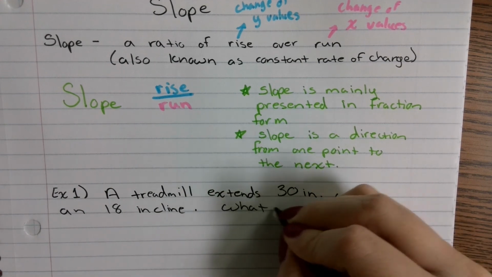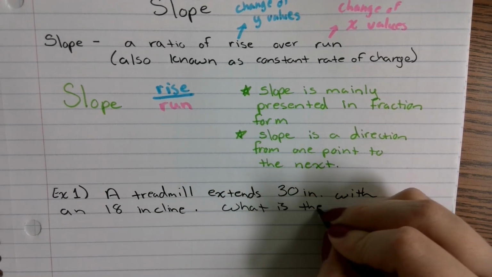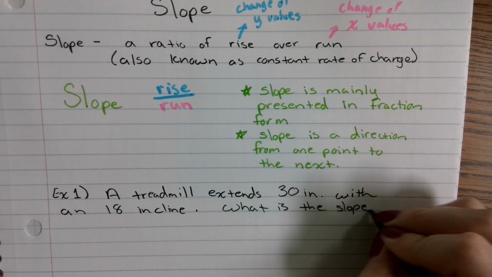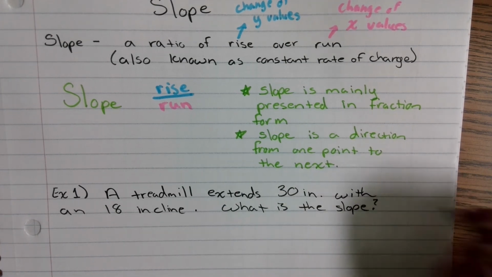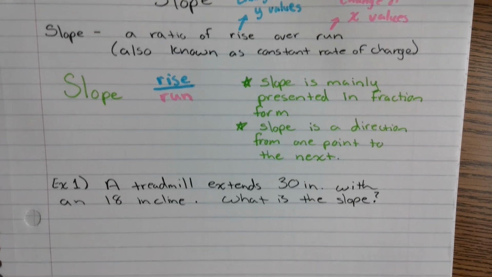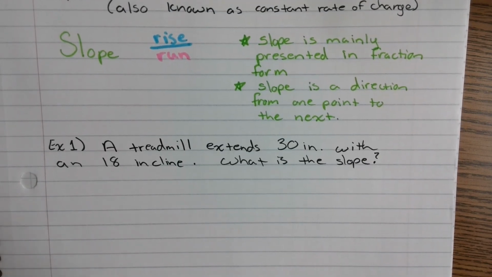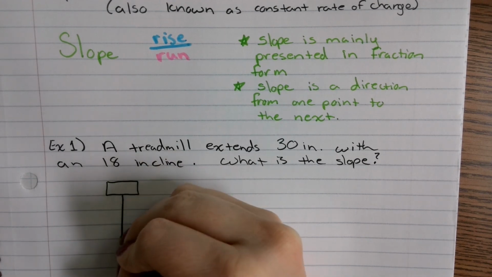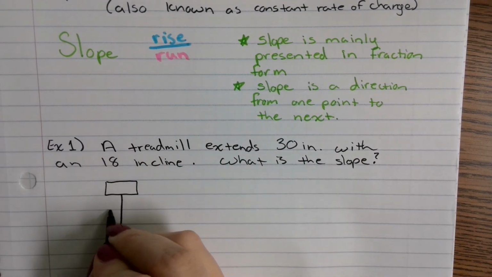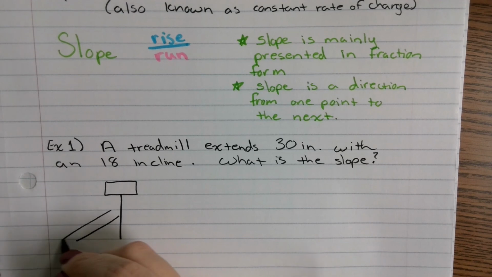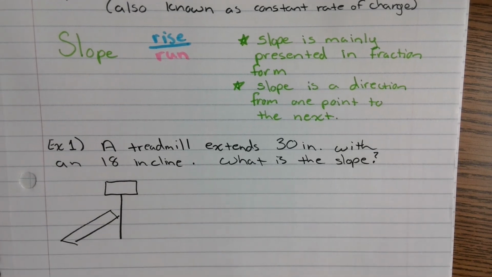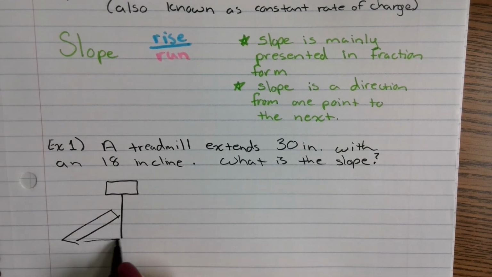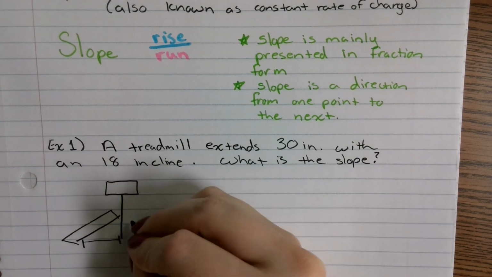So I want to know, what is the slope? In these situations, you just have to identify which one's the rise and which one's the run. I'm not very good at drawing a treadmill, but here's my concept of the treadmill.